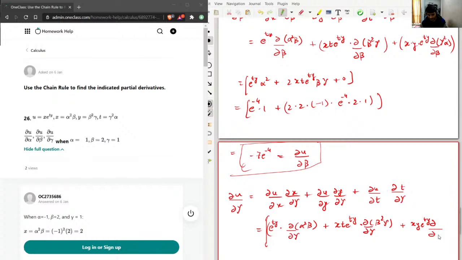Then del t over del gamma is gamma square alpha.